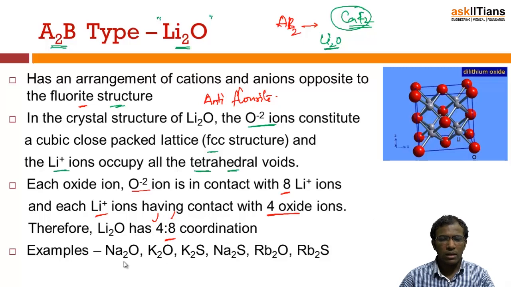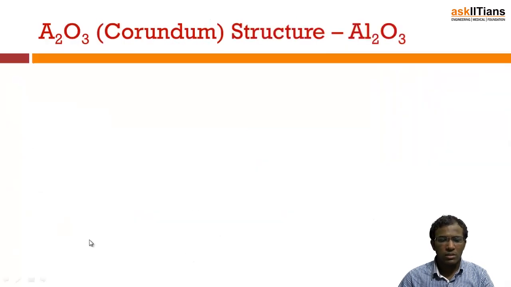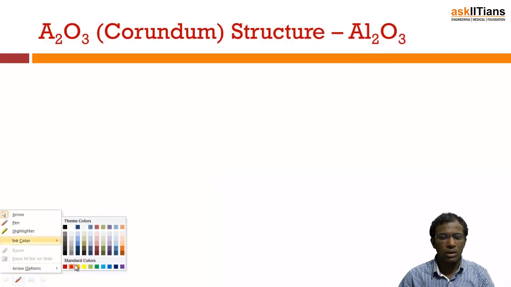Some other examples of anti-fluoride structure are sodium oxide, potassium oxide, potassium sulfide, rubidium sulfide, etc. All these are anti-fluoride structures. Next is the A2O3 type structure, that is the corundum type structure, and one of the examples is Al2O3, aluminum oxide, which has a corundum structure.